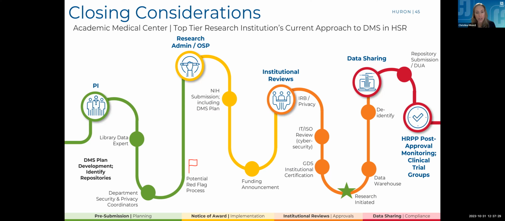As we near the red track near the end of this slide, you'll see that the data are then deposited to, preferably, NIH-supported repositories under a data use and sharing agreement. At this institution, compliance monitoring is provided by the HRPP post-approval monitoring team and clinical trial groups to ensure PI adherence to the terms of their approved DMS plan.